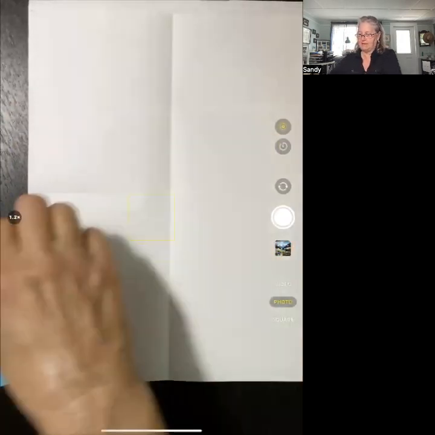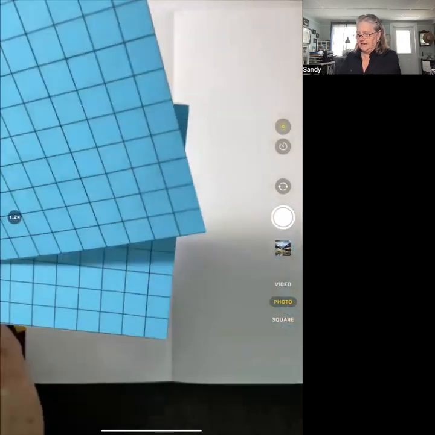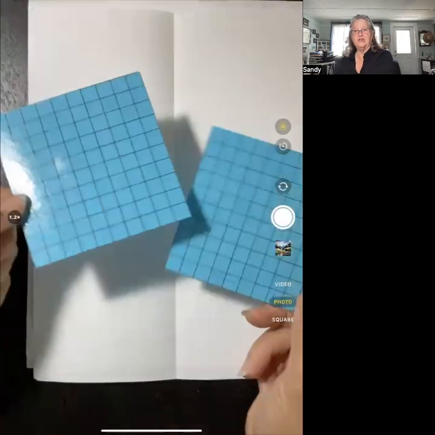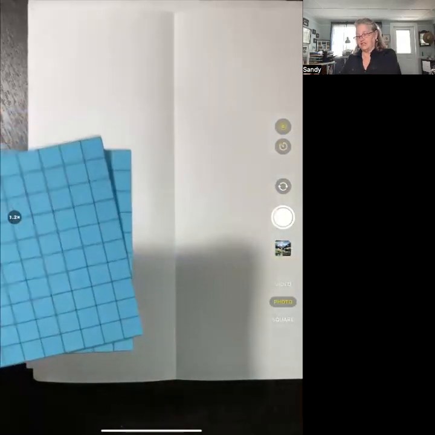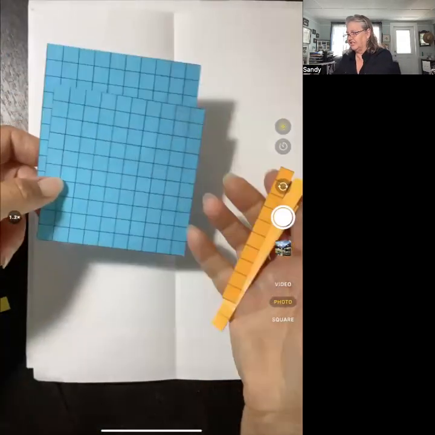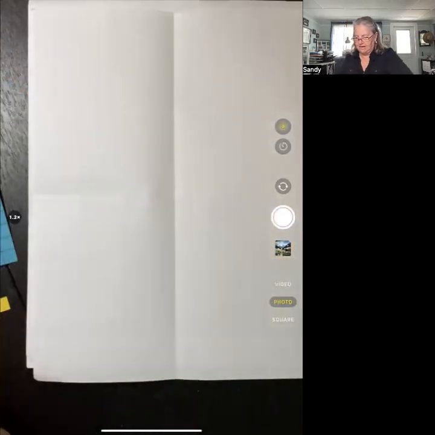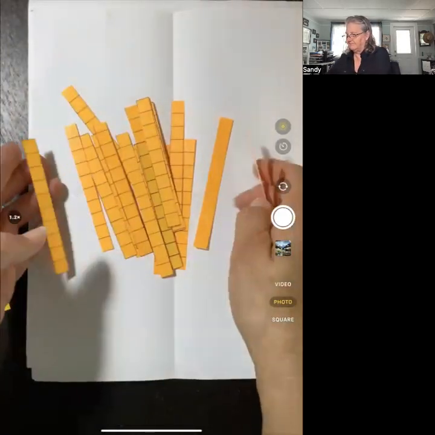So I folded my paper into equal sections, and as we said, I can't just take these 200s as are, or the 200s and the 3 tens as are, see? I can't necessarily take those and separate them into 4 equal groups, but I could replace the 200s with 20 tens.